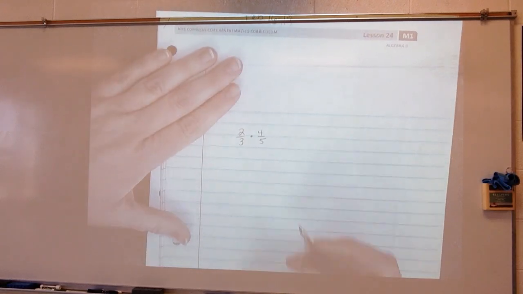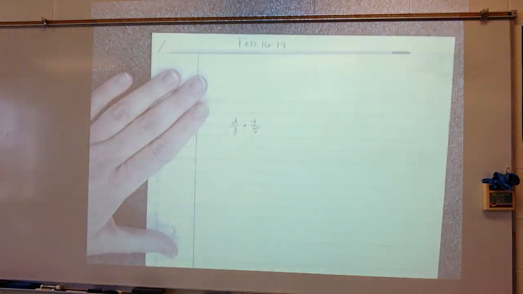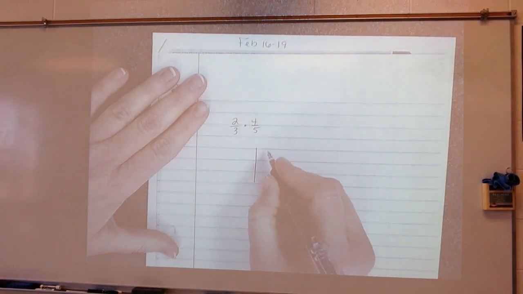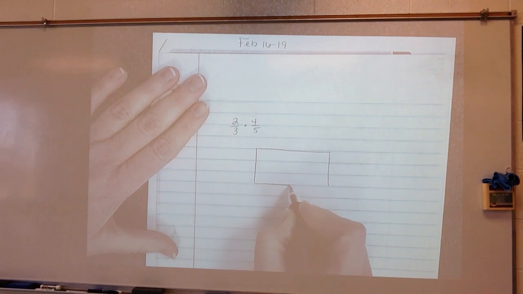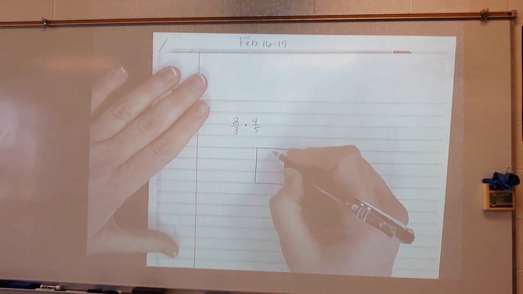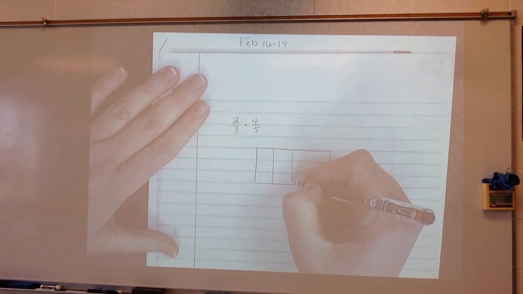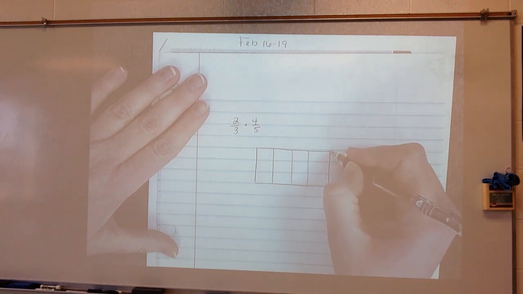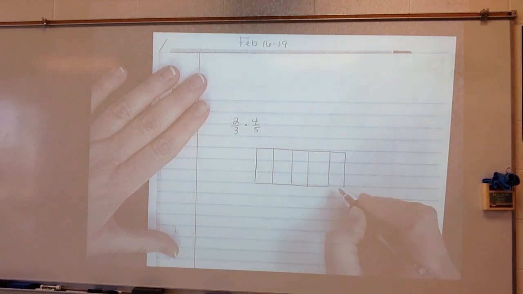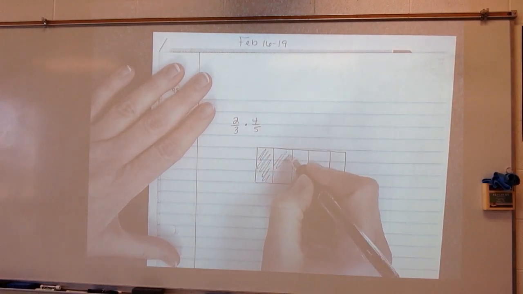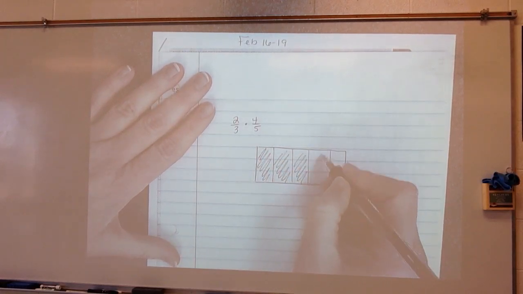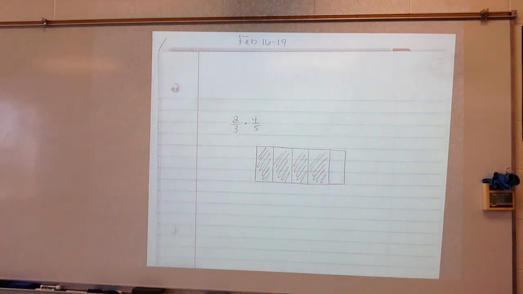The first thing we would do is represent 4/5. I'm going to represent 4/5 this way: 1, 2, 3, 4. Mine's not perfect, but that's okay. And we're going to shade 4 of those. We're representing 4/5 here.